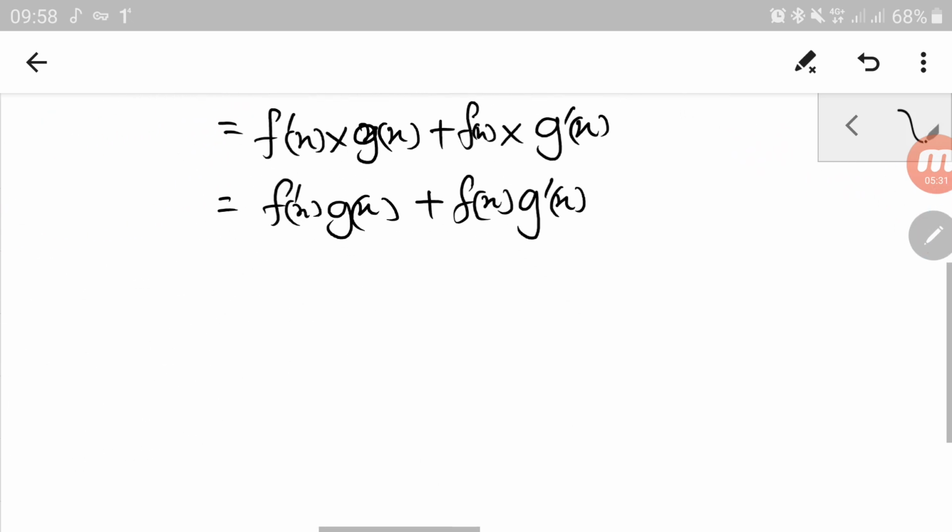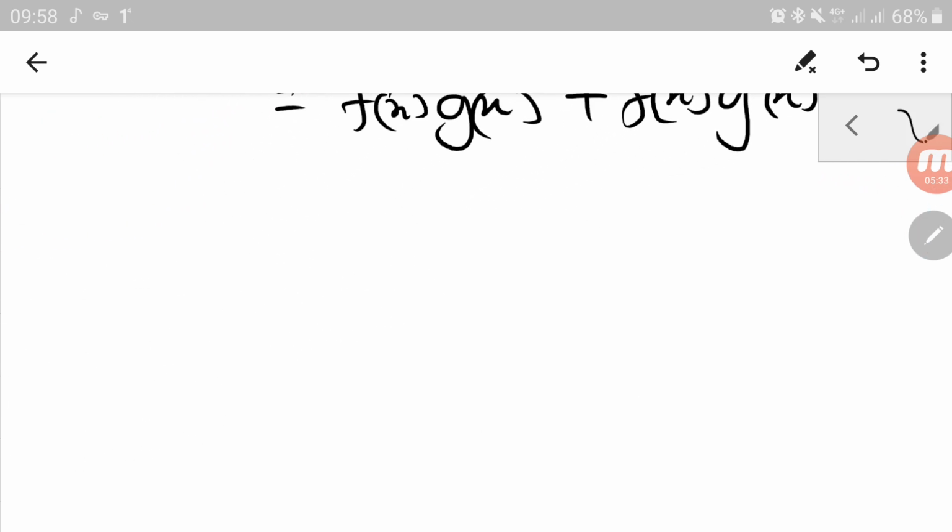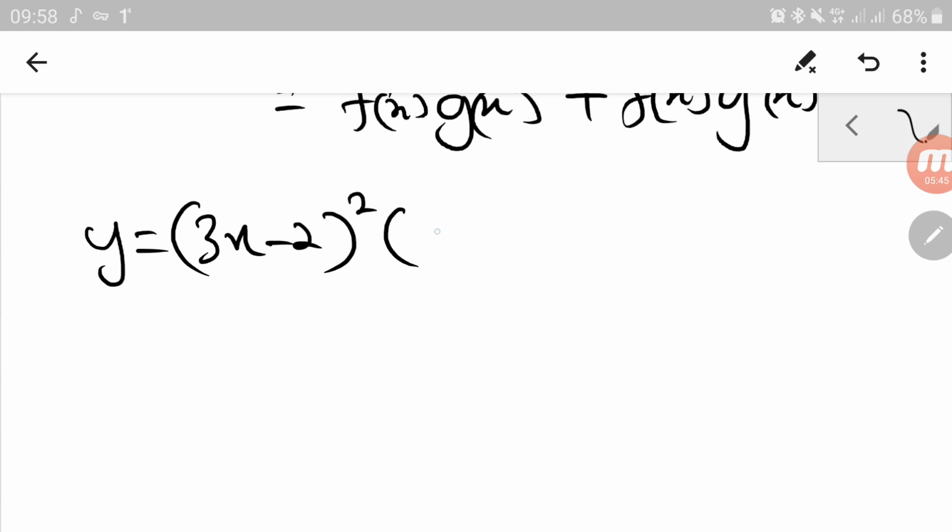And next, one example. Okay, let's consider y equals (3x minus 2) squared times (2 plus x) to the power of 3.